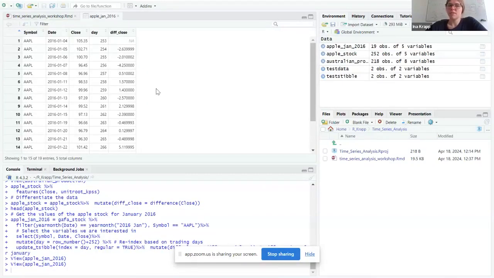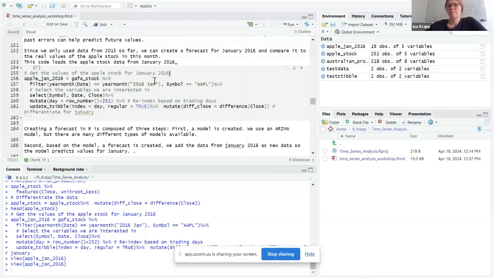Again, to ensure that the time series is not interrupted, I will continue with the day variable simply. So I start at 253 here because there were 252 observations in the previous year.